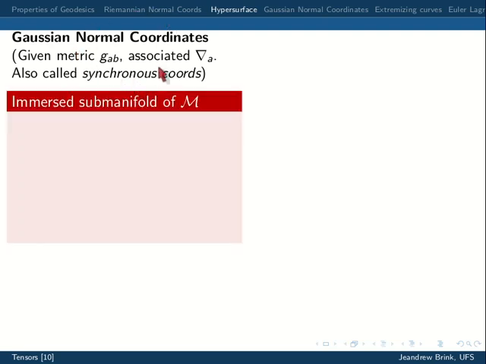And to describe them, we need the idea of an immersed submanifold of M. Okay, so remember when we did 3 dimensions and the paper, we worked in 3 dimensions, and then the paper was inside the 3 dimensions, okay? And so we could measure distance along the paper, but that distance we could also measure from the 3-dimensional manifold.